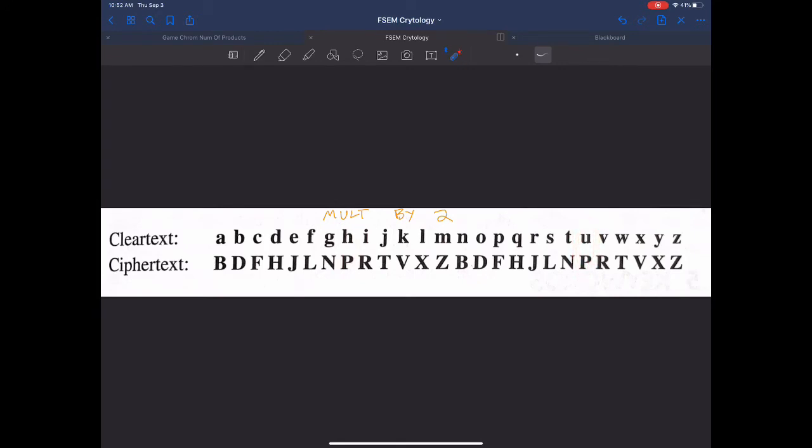There are 2 letters that both get encrypted onto P. And in fact, the same thing happens with Z. And the same thing happens with R. So when you try and decrypt, if your ciphertext message has a P in it, you don't know if the plain text is supposed to be an H or a U. All right, so it's not really possible for you to decrypt your message uniquely, because every time you see a P, is that supposed to be an H or is that supposed to be a U?